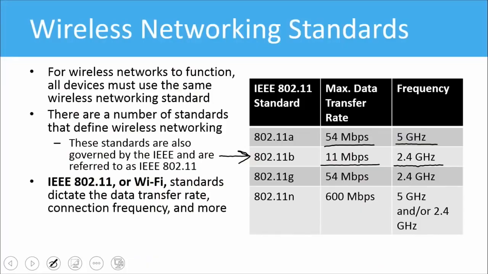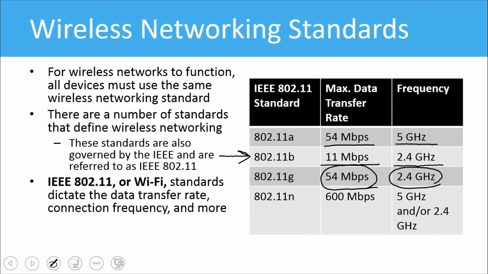And so I like to think of G as sort of being a child of A and B. If we go back to the screen here, you'll see I always think of G as inheriting 54 megabits per second from A, whereas it inherits 2.4 from B. So while B is slow and low, A is fast and high, and so G is fast and low. If A and B were parents, they would pass along those traits to G.